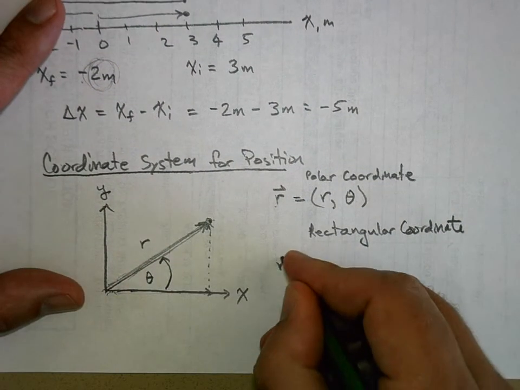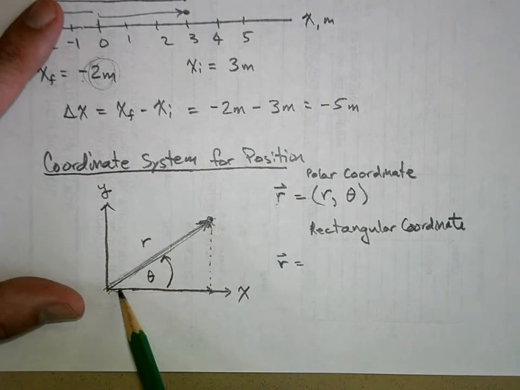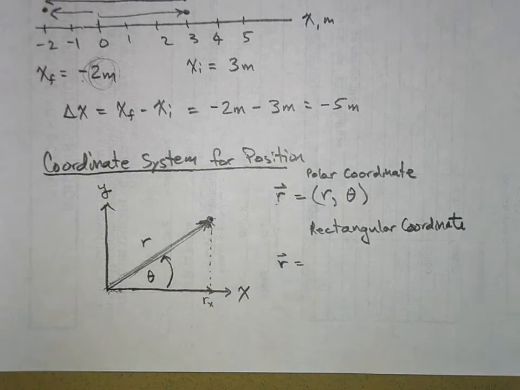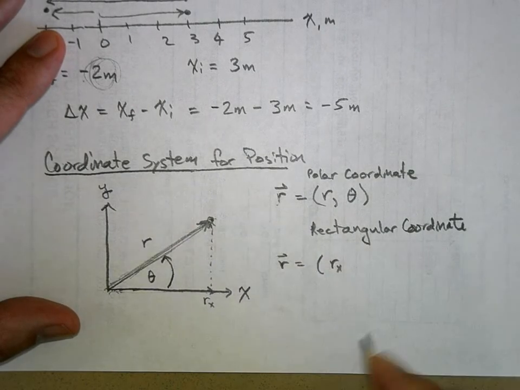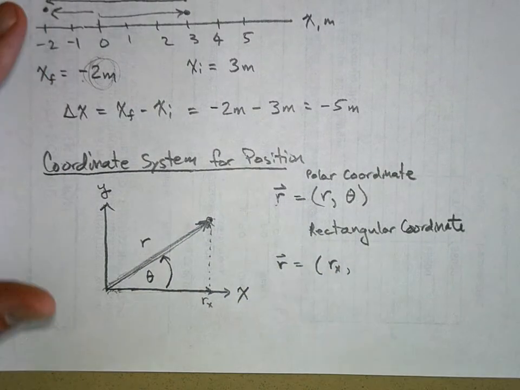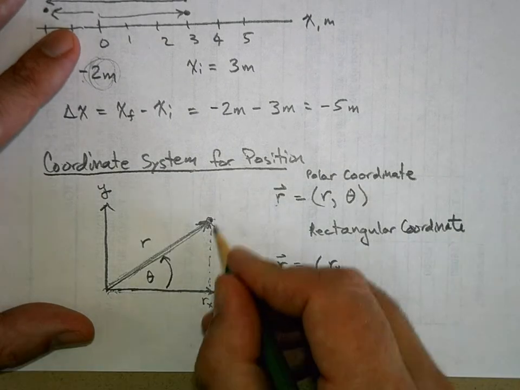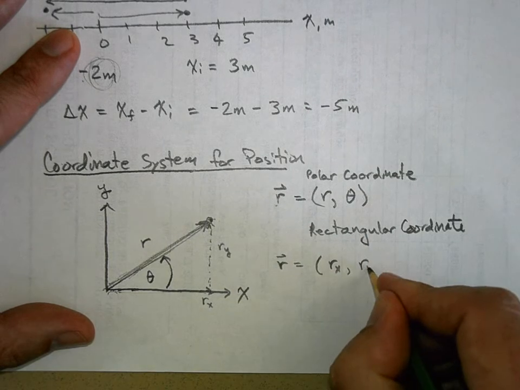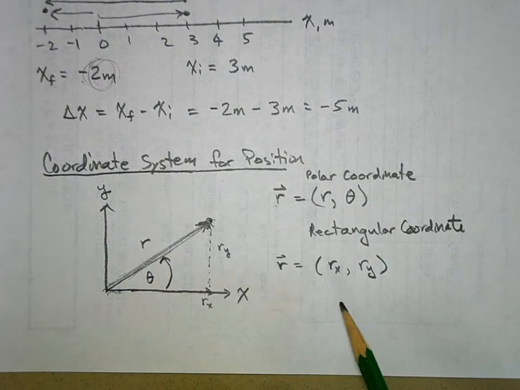And what we can do is say, hey, look, r is going to have an x value. We'll call that r in the x. That's called an x component. And then we'll say that this is how far it goes up. This is r in the y. So this does tell me everything I need to know.